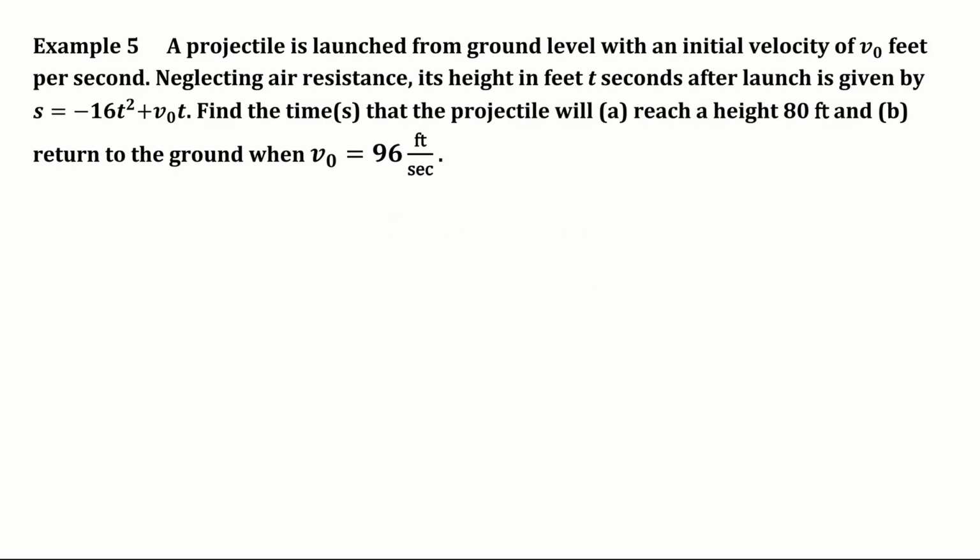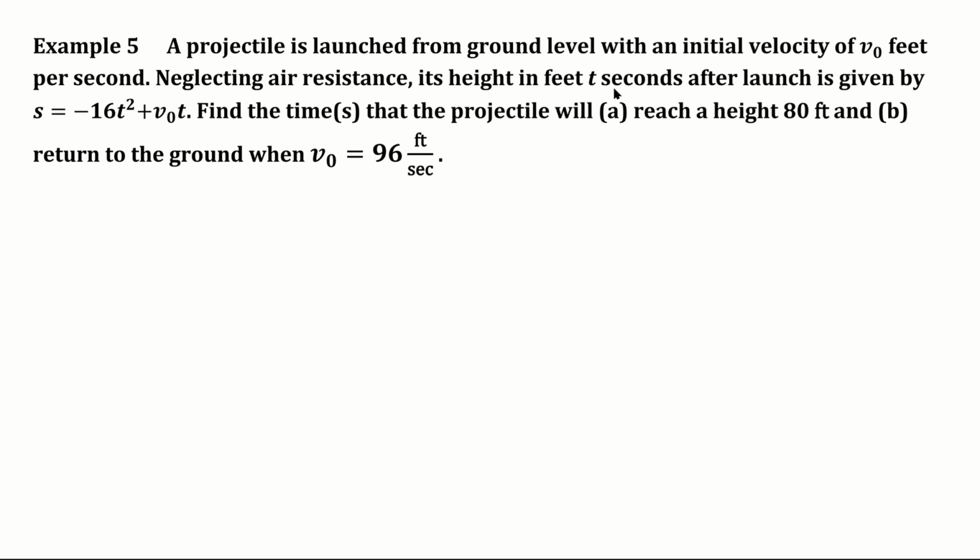Okay, let's switch things up a little bit and look at another kind of problem that usually runs into quadratic situations, and that is projectile problems. Here we have a projectile that's launched from the ground level with an initial velocity of v0 feet per second, neglecting air resistance.